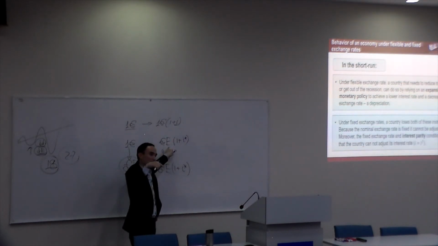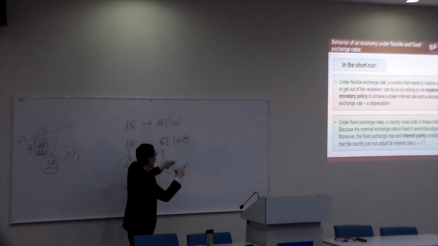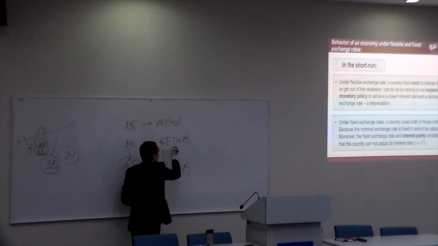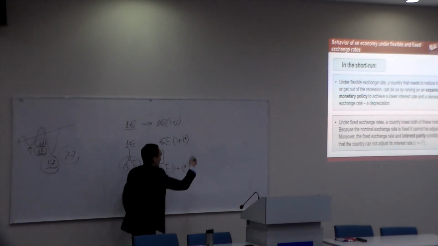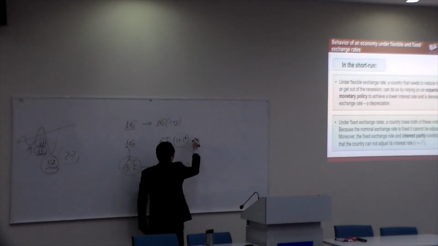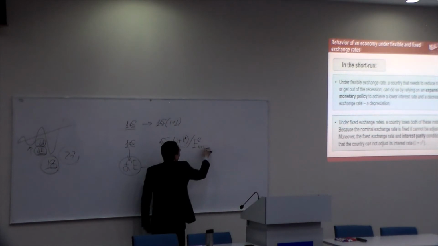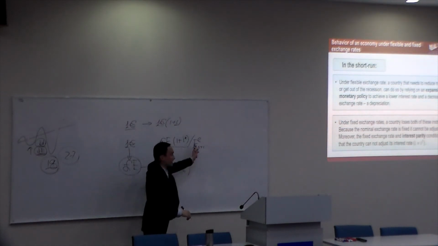It's a big question whether it is a flexible or fixed exchange rate regime, okay? Because it may happen that the value of the euro appreciates. So then, it should be divided by the expected exchange rate of the next period.